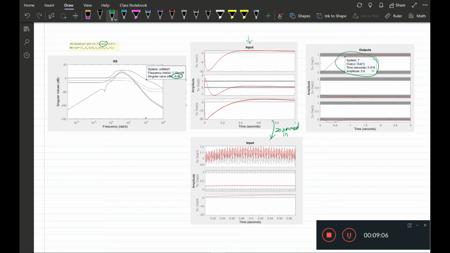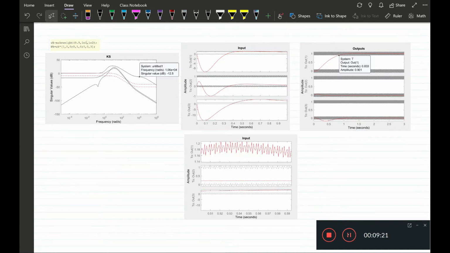Now with one final modification we could still further reduce this one to see how much we can reduce the oscillations in the input while maintaining the output response. So that's the third iteration.